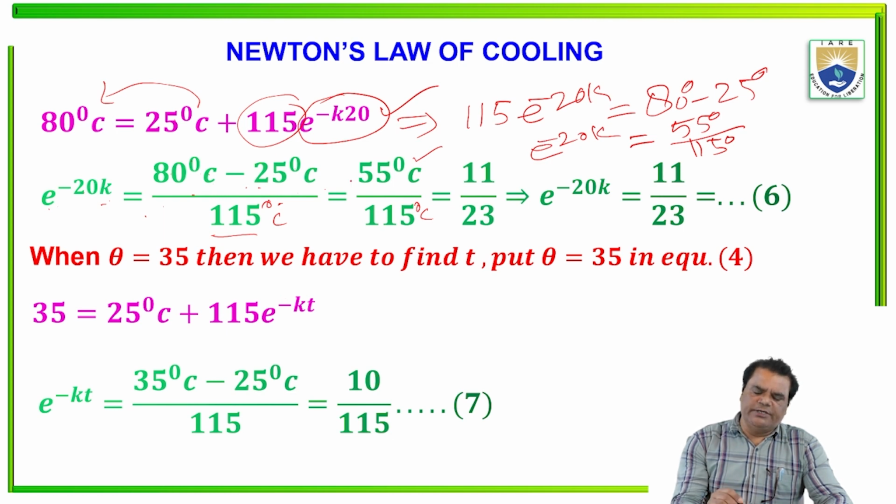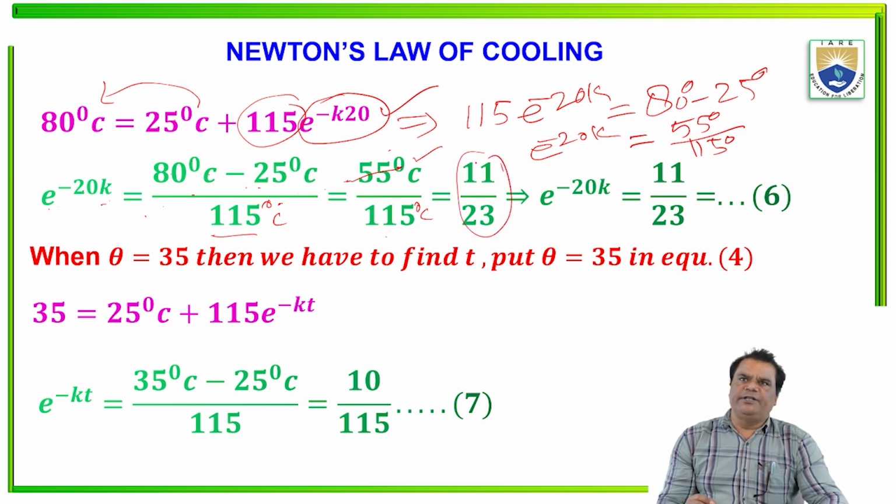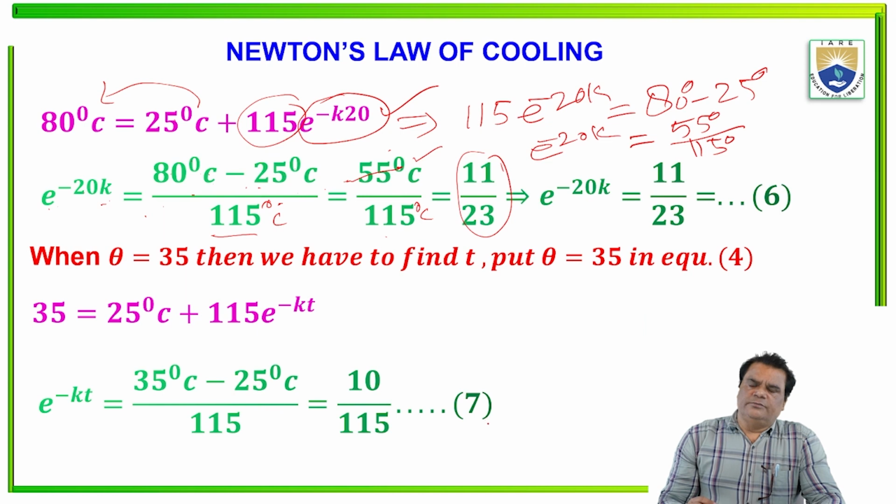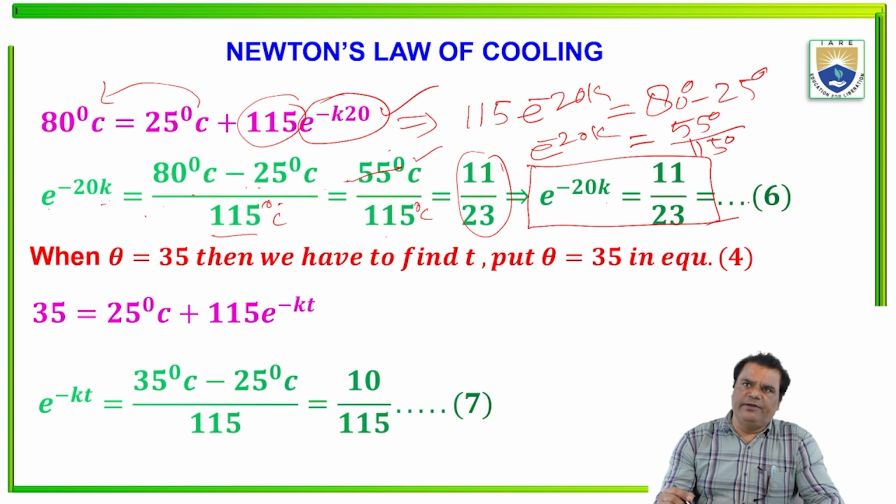After dividing this, divide by 5. 5 times 11 is 55, 5 times 23 is 115. So this is 11 upon 23. This implies that e to the power minus 20k equal to 11 by 23. This is equation 6, a very important result.